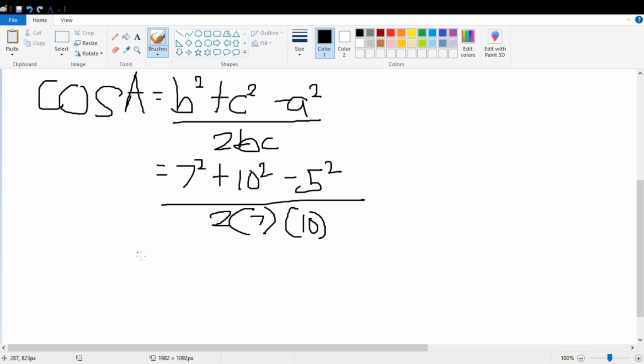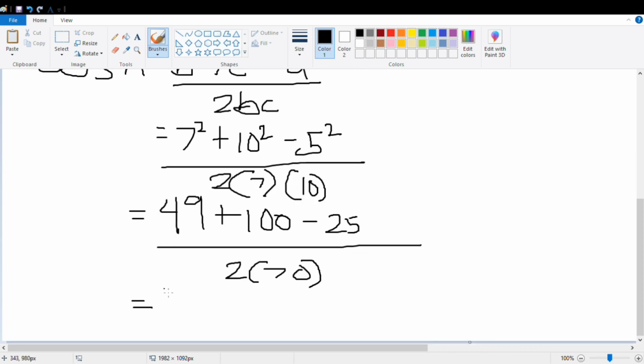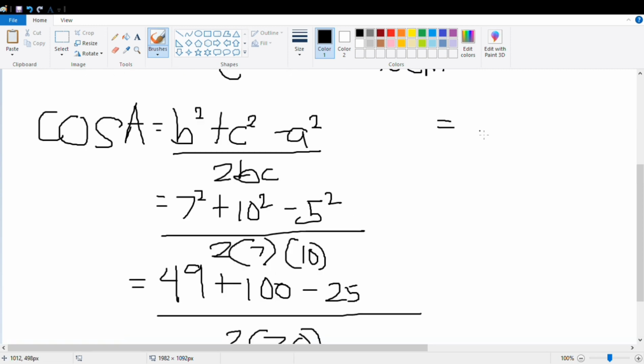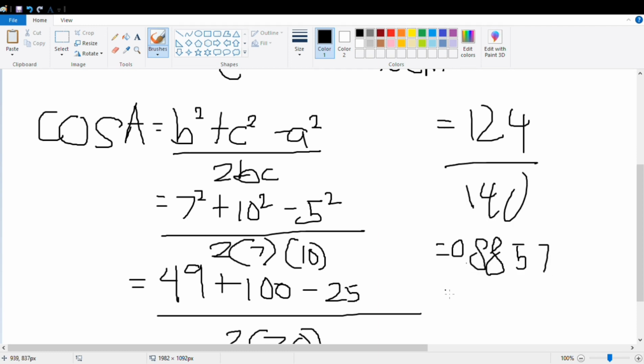Now, we just have to follow the equation. Now, when we arrive at this answer, when the answer does not account to a whole number, we have to do a function that is called a shift cosine.